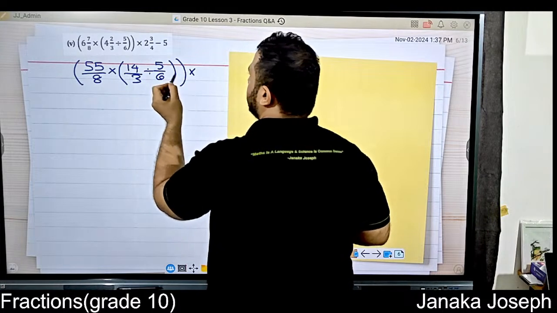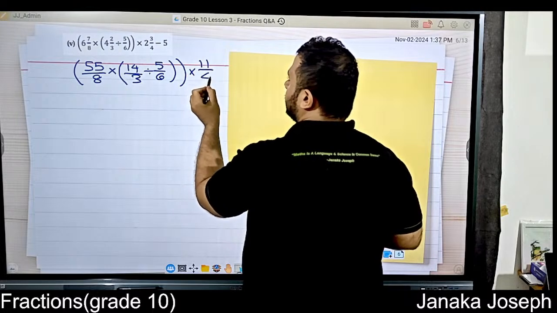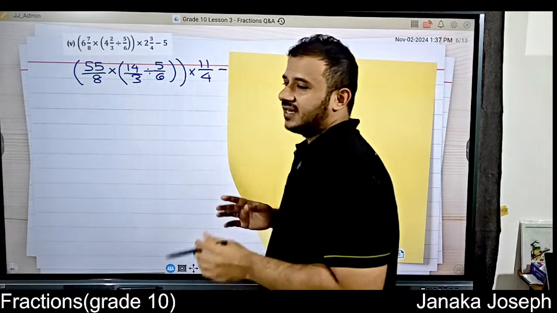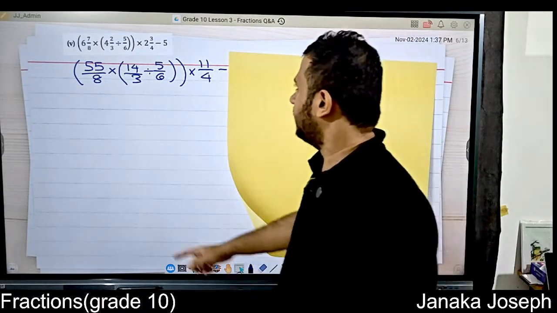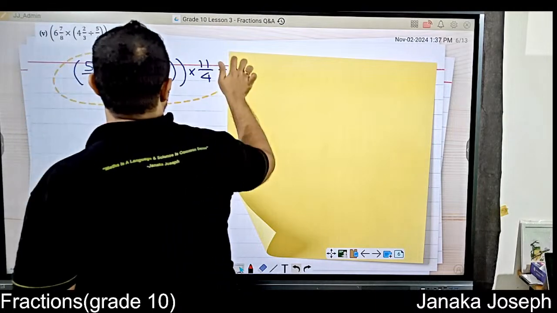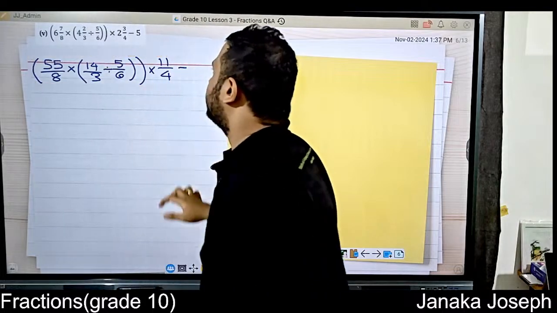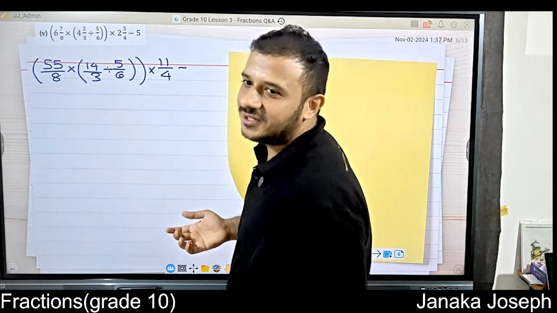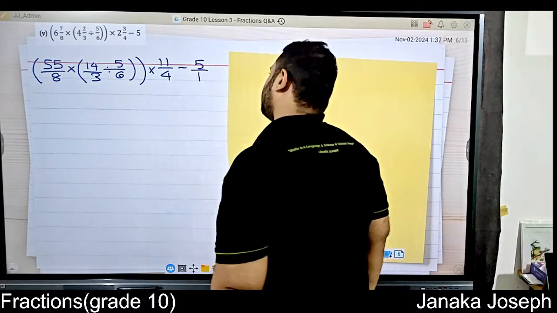Bracket times by 8 plus 3 is 11 out of 4 minus. Guys, remember, if there's a whole number in a fraction question, you can write the whole number as a fraction with a denominator of 1.